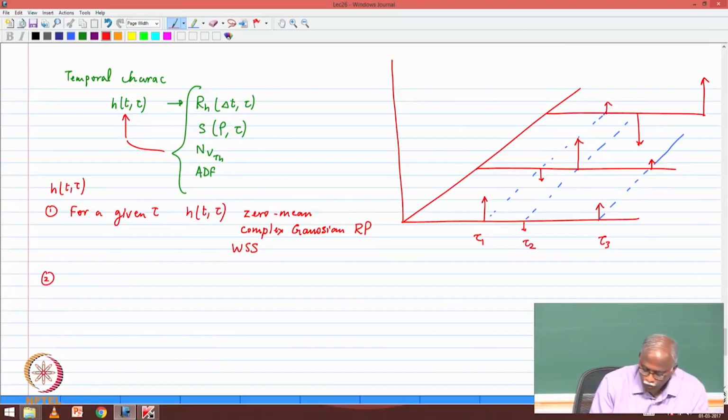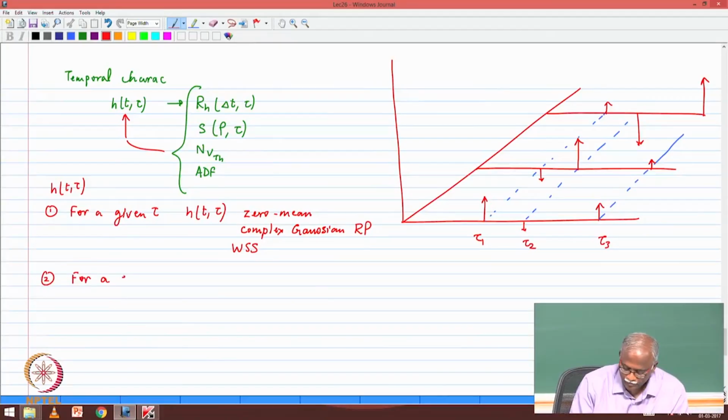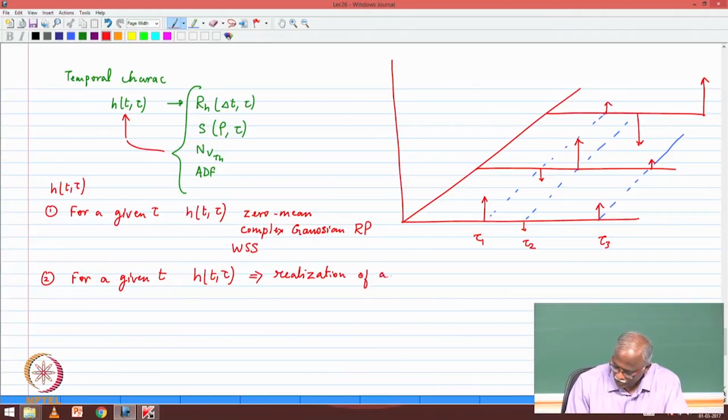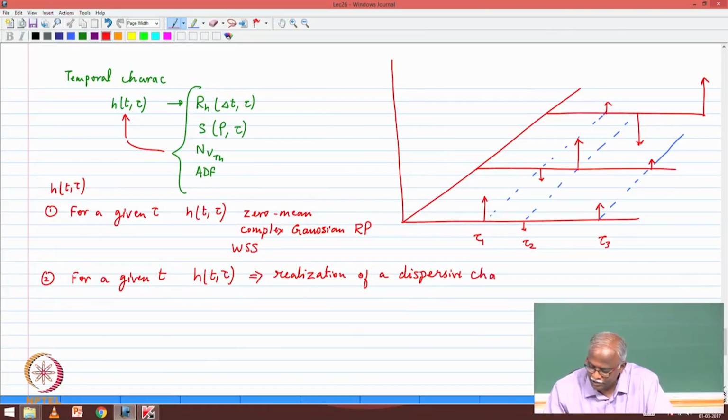For a given t, h of t comma tau basically tells you where the multipath components are arriving, the clusters of multipath components. This is nothing but a realization of a dispersive channel for a given time. If you take a snapshot, there are certain delays, certain gain coefficients, but at the end of the day, it is a realization of a time dispersive channel.